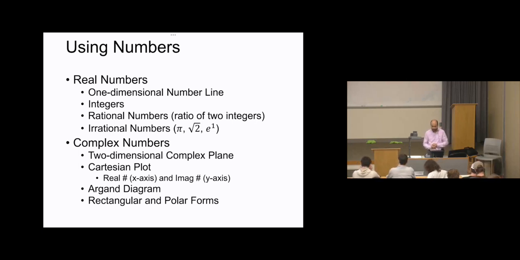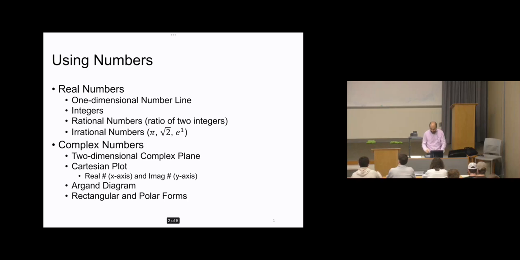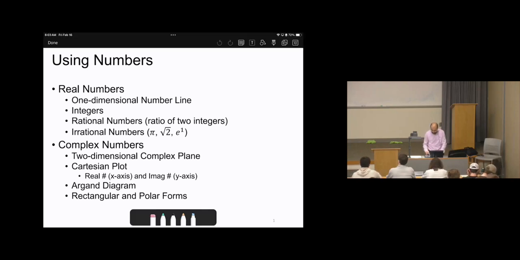It can also be rational numbers or irrational numbers like pi, square root of 2, e power 1. So all of them are real numbers. Any number that only has one component will be considered a real number. So basically, it can be considered a one-dimensional number.